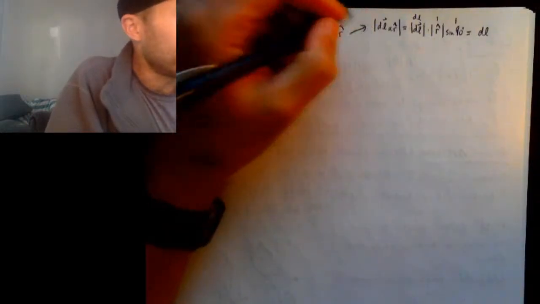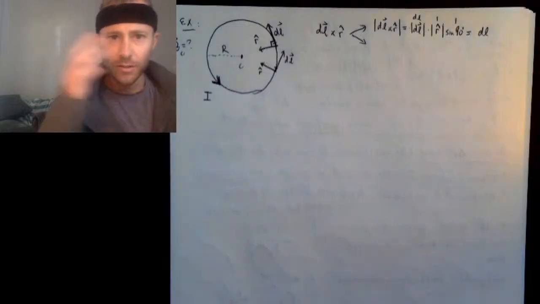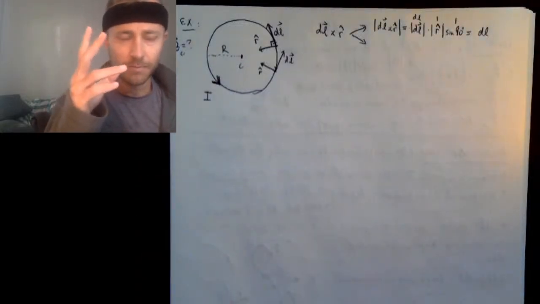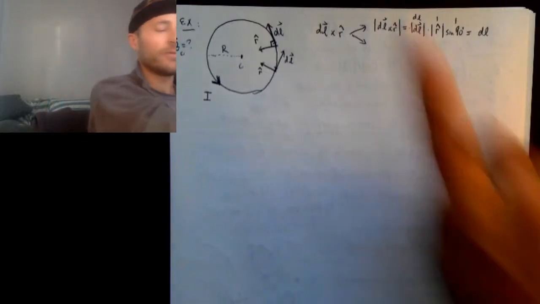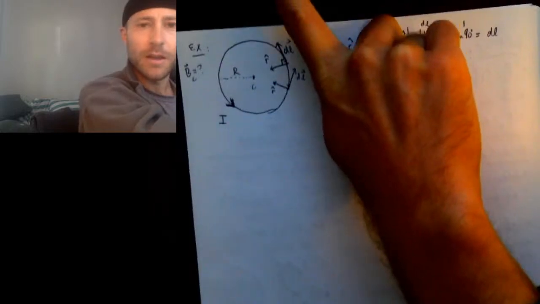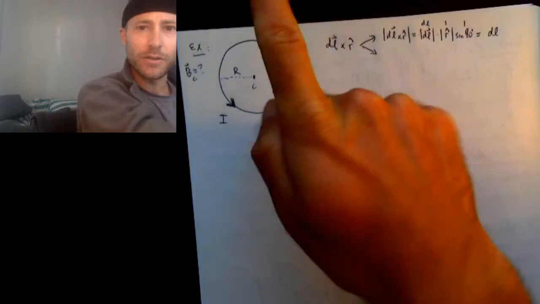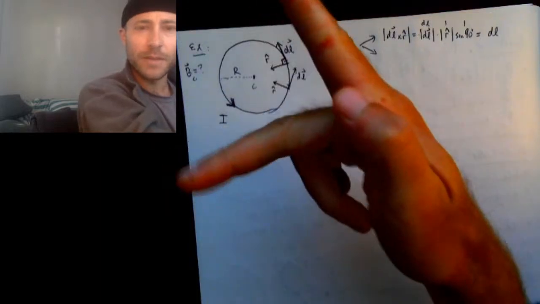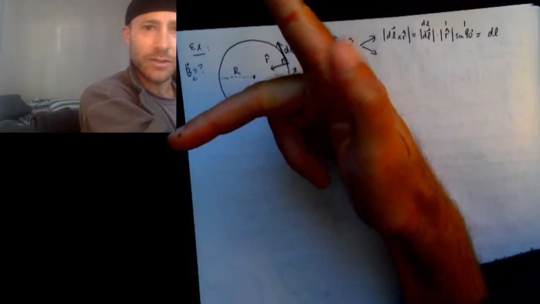For the direction, again, we're using the right-hand rule. I put my pointer finger in the direction of dL, and then keeping my pointer finger like that, I put my middle finger in the direction of r hat. So you can see that I've got that correct.